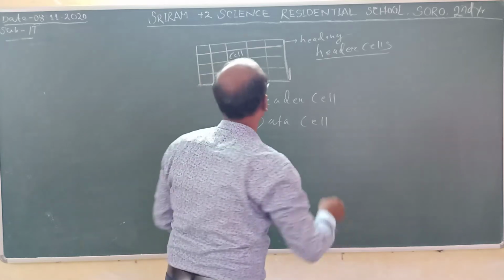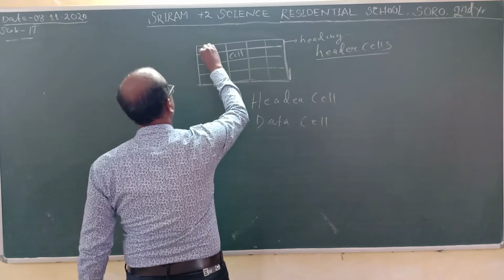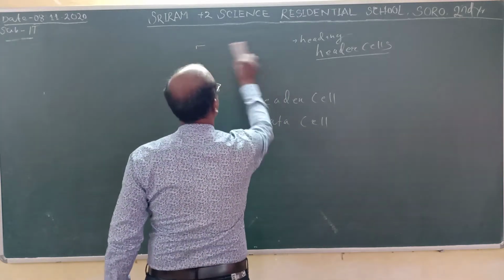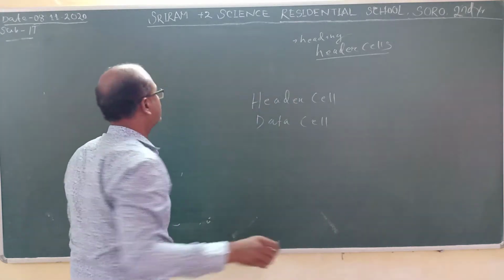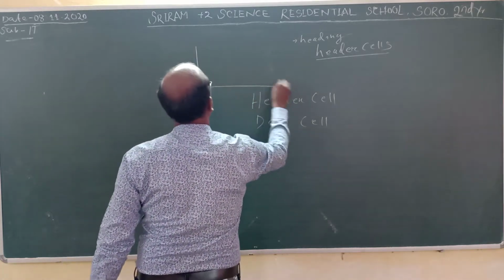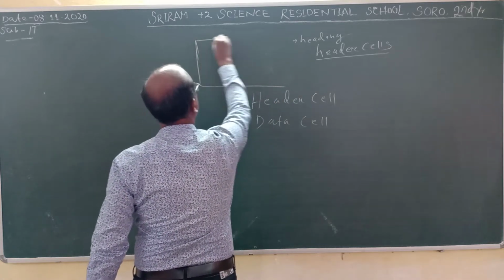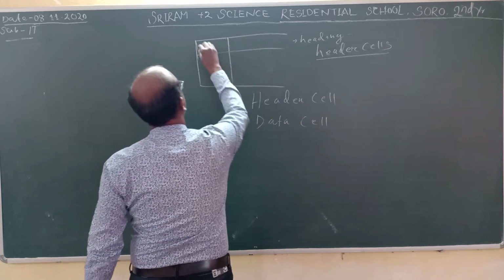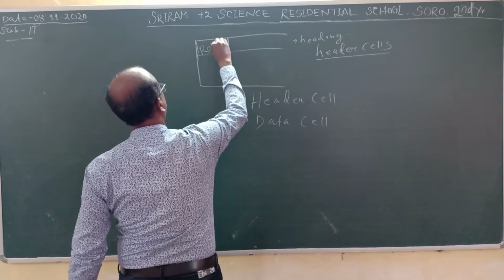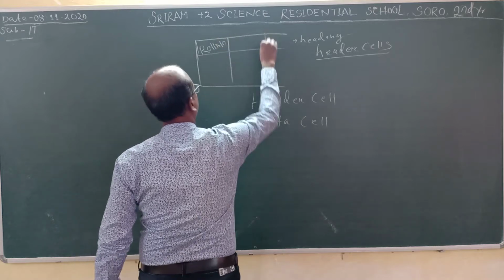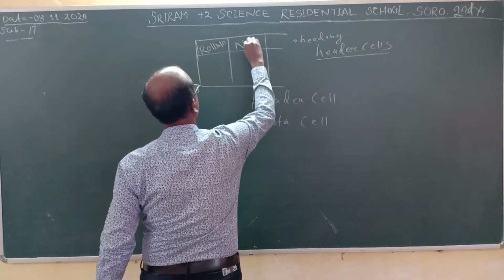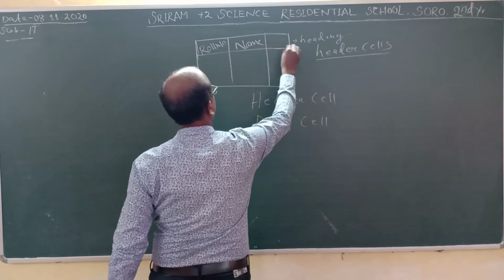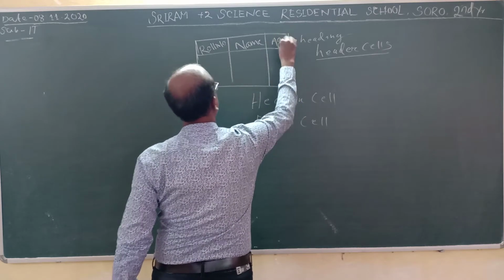For example, I write here roll number. This is the name. And the age. This is age.